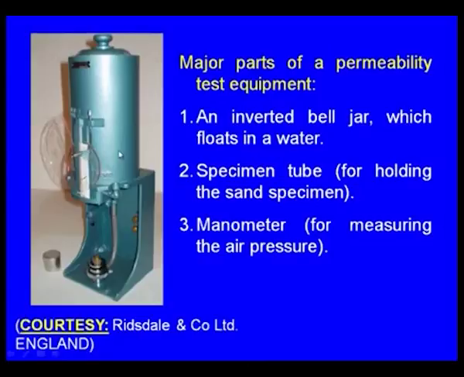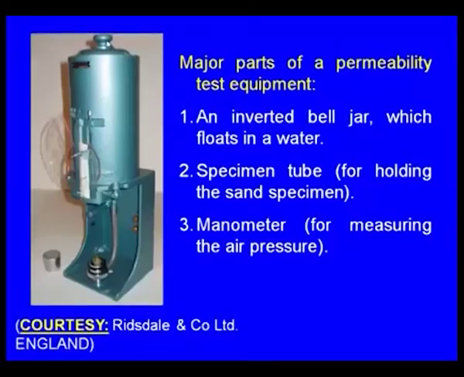There is a jar with water in it, and with this handle the lid can be raised up. Then air will go inside. When you release it, slowly the air will come out, pass through this tube, and finally pass through the sand specimen. So, this is the permeability apparatus.